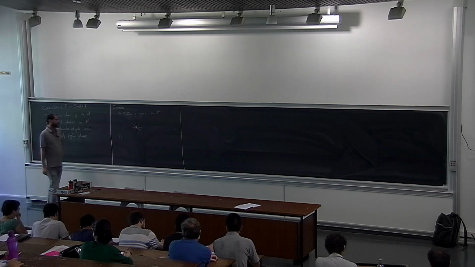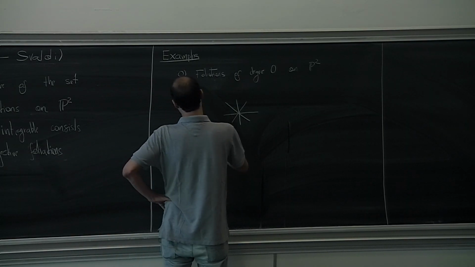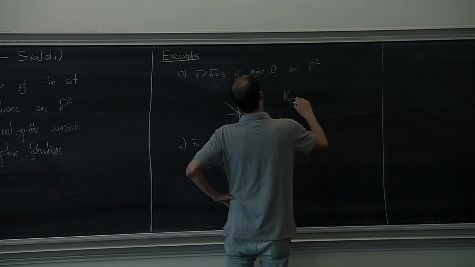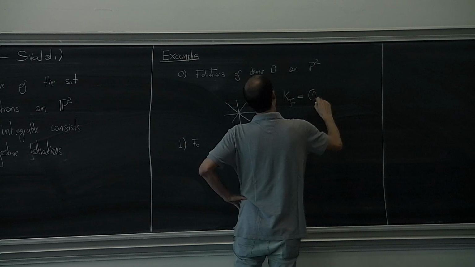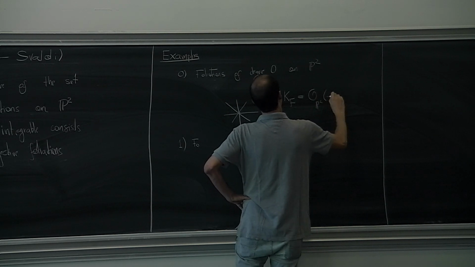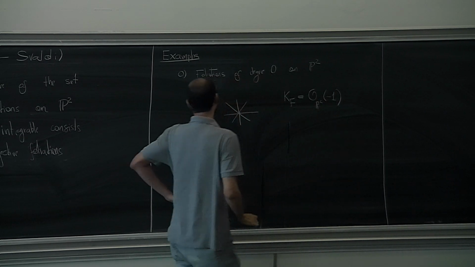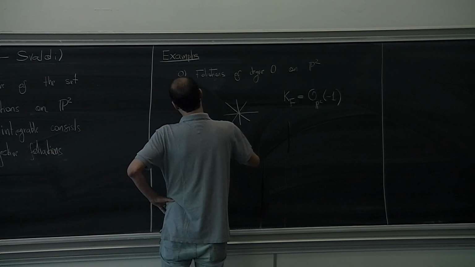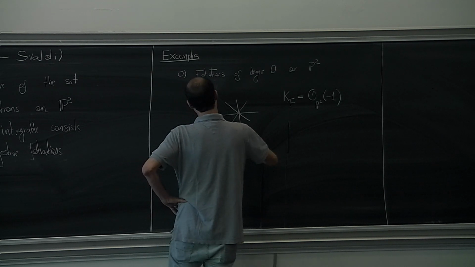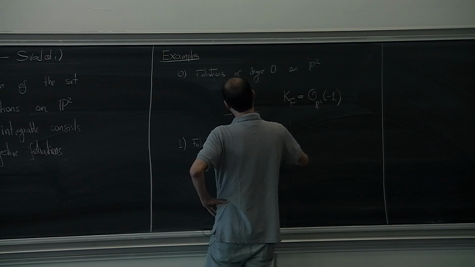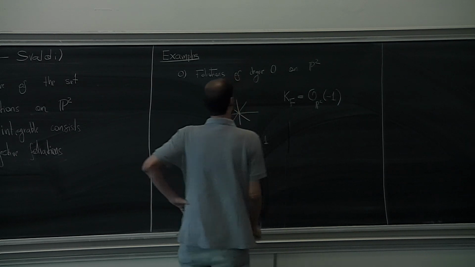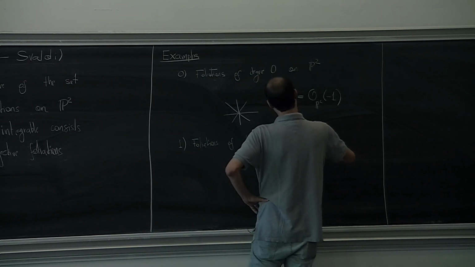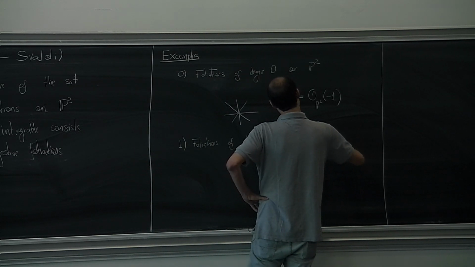The second example is foliations of degree 1. Here, perhaps it's a nice remark that the canonical bundle of a foliation on P2 has degree minus 1 plus the degree, so here the canonical is trivial.